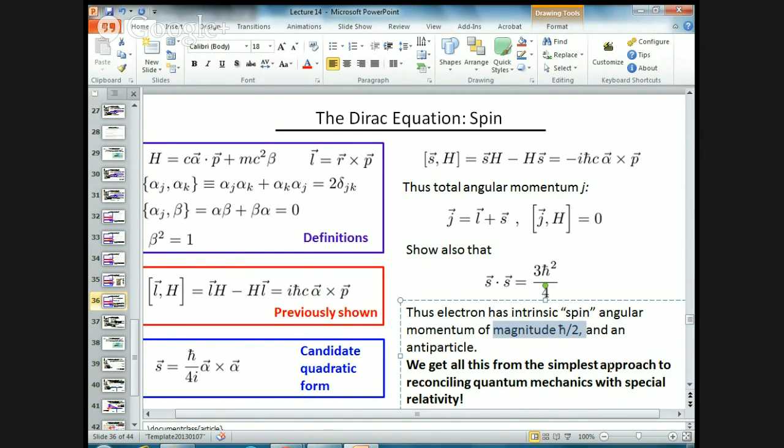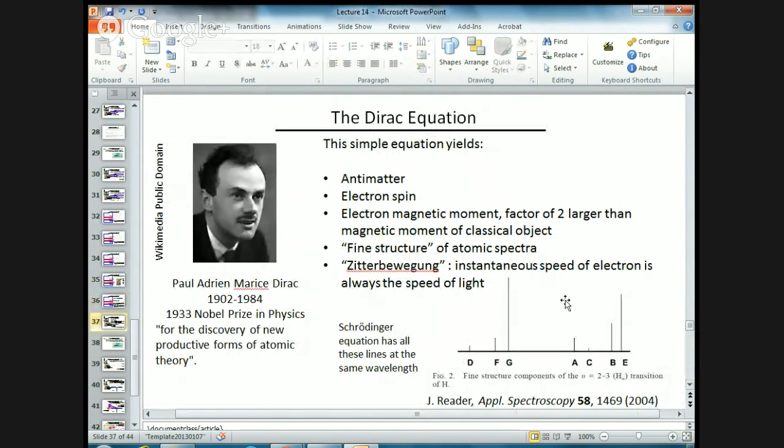So all this comes from what you might say is the simplest, most straightforward equation imaginable. You get the electron spin, you get antimatter. That's kind of an exercise to be shown later.